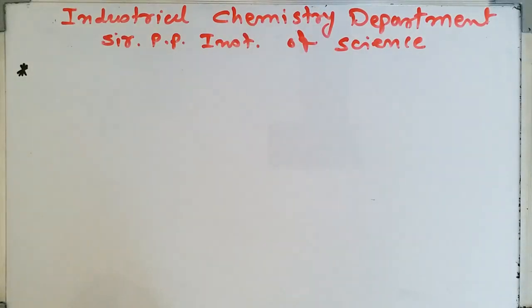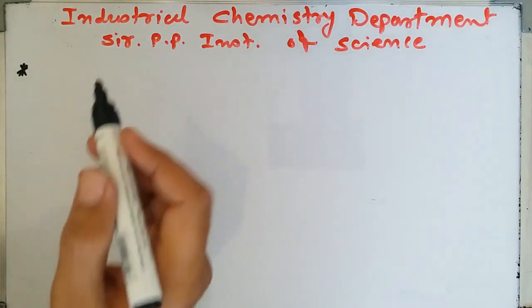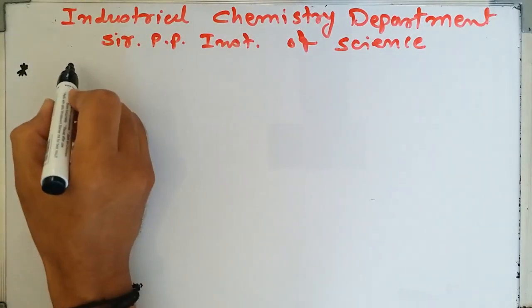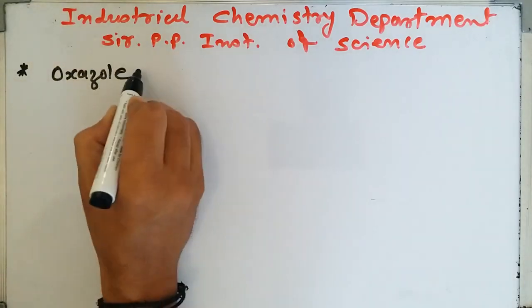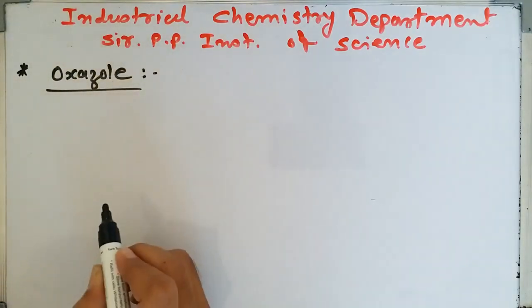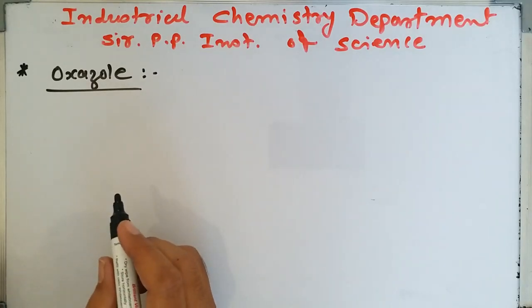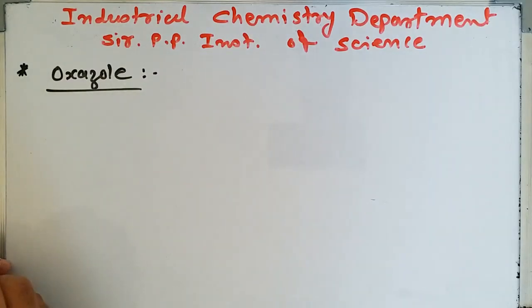We discussed furan, a 5-member ring with 1 oxygen as heteroatom, but there is one nitrogen along with oxygen, known as oxazole, and we have 2 structures of oxazole.